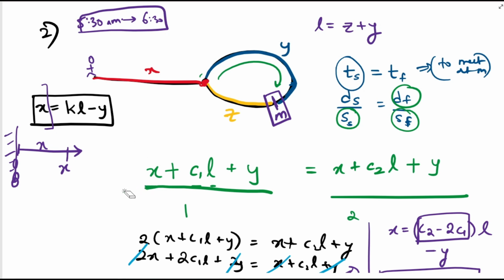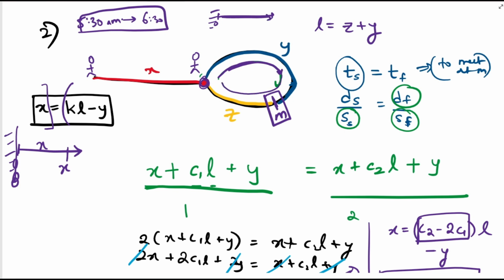Now let me also explain the right hand side. The right hand side is where you are standing at this particular point. So what does K times L mean? If you're just moving ahead, you're going far away from the wall.